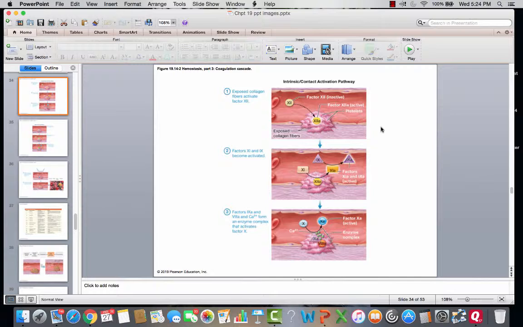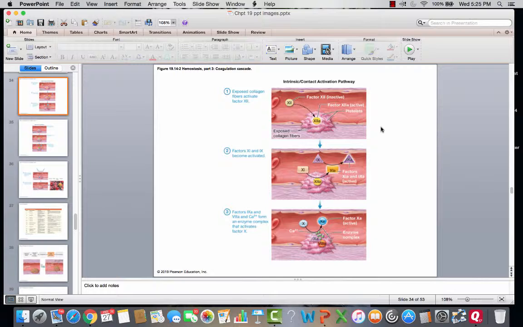I am not going to make you know all of these different factors and all of the different order of the factor activation. I do want you to have an appreciation for the fact that the coagulation cascade is very complex, and anytime we're missing factors, we won't be able to form a clot.